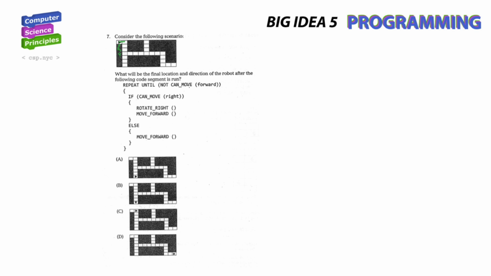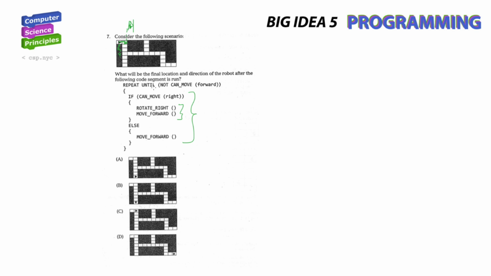So repeat until cannot move forward, not can move forward. So it can move forward, so it's going to go into this stuff right here. So if can move right, do these things. It currently can't move right, so it doesn't do these. What it does instead is it moves forward. So therefore on this cell right here, it's currently facing the wall now.